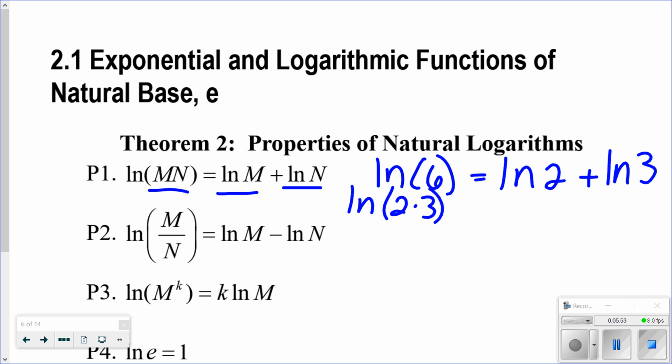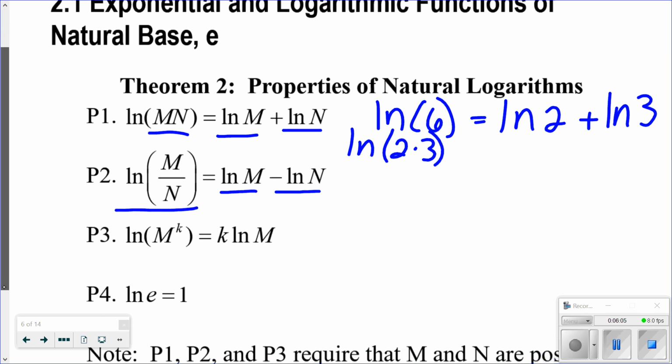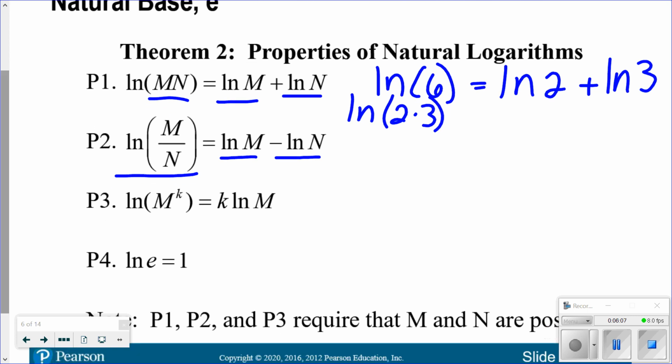If I have the natural log of a fraction, that is the same as the natural log of the numerator minus the natural log of the denominator. Okay, the natural log of something raised to a power is the power times the natural log of that thing. And let's look at that one for just a minute. So if I have the natural log of, let's say, 81.